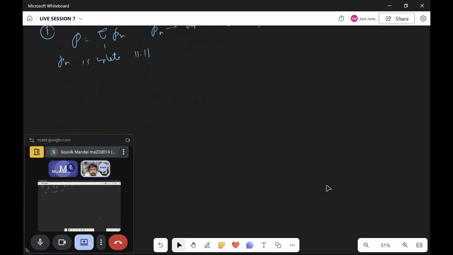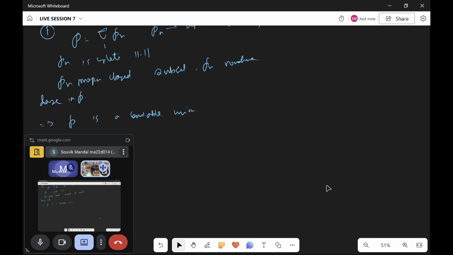Now P_n is a proper closed subset and P_n is nowhere dense in P. So this implies that P is a countable union of closed and nowhere dense subsets under any norm, and hence a first category space.